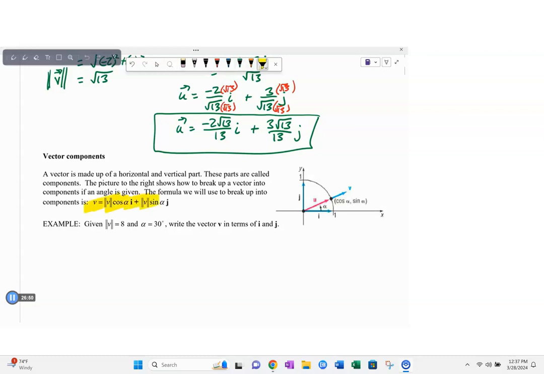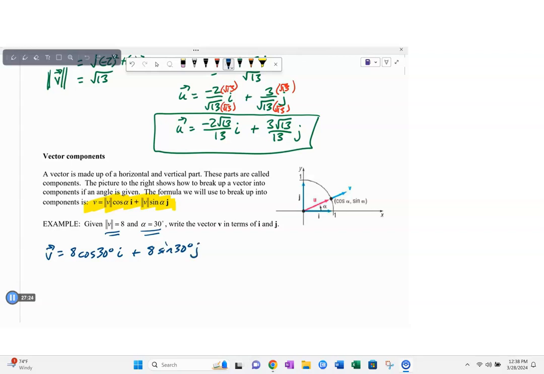So we'll use that. Let's write this vector here in terms of i and j. If we're given the magnitude and we're given this direction, alpha being a 30-degree direction, let's go ahead and write vector v in terms of i and j, given that information, right? So vector v equals the magnitude, which is 8, times cosine of alpha i, plus the magnitude 8 times sine of alpha j.